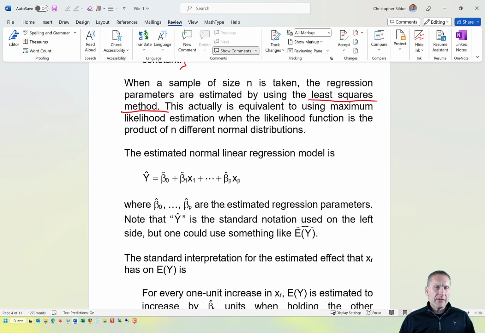So once we get these estimates of these regression parameters, then we could rewrite the regression model as an estimated normal linear regression model, where I put in the numerical values for my betas into my model. Symbolically, we can denote these as beta hats. Also, my estimated value for the expected value of y becomes y hat.